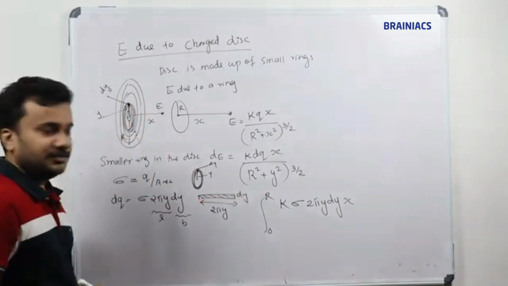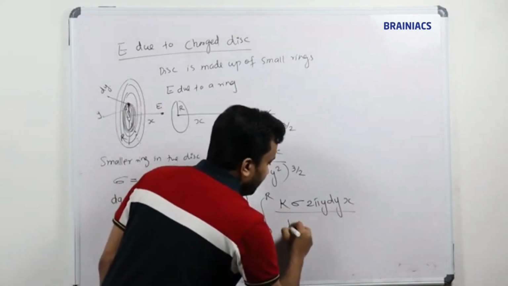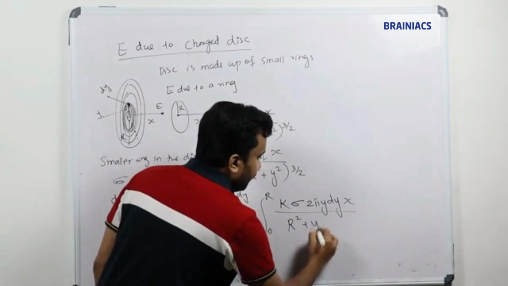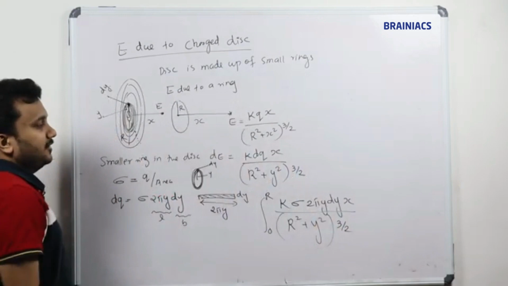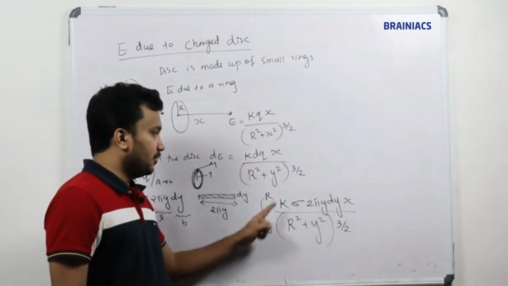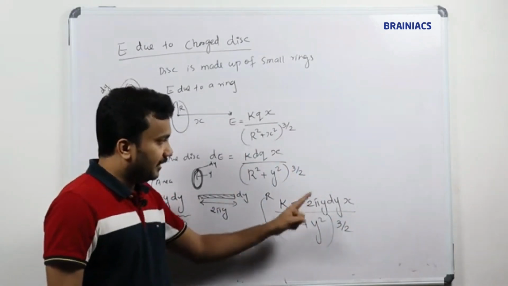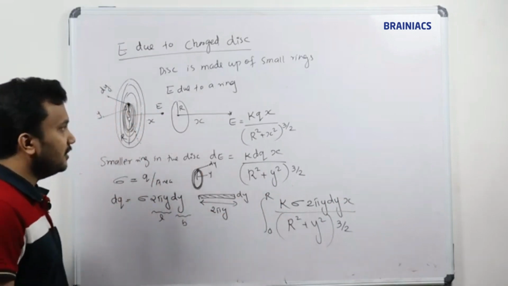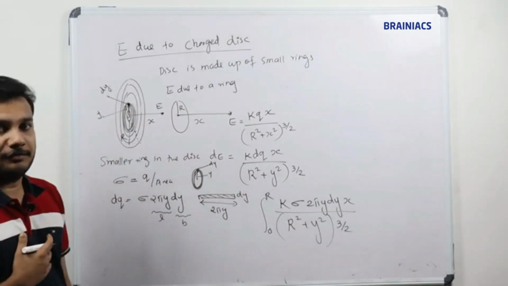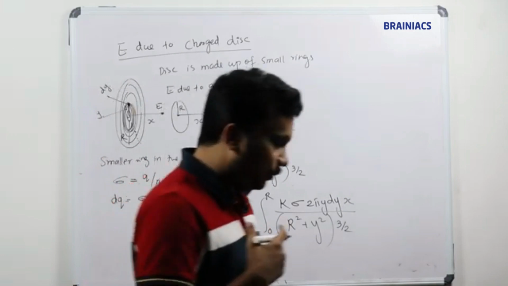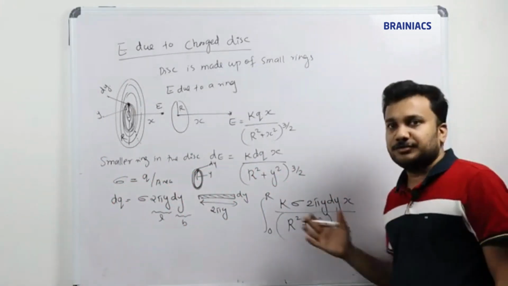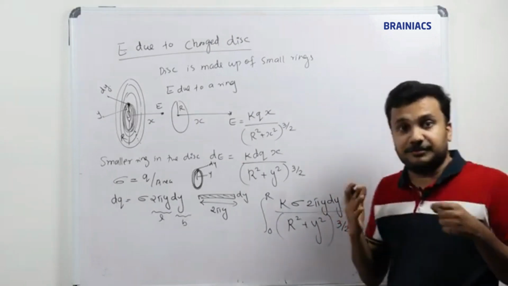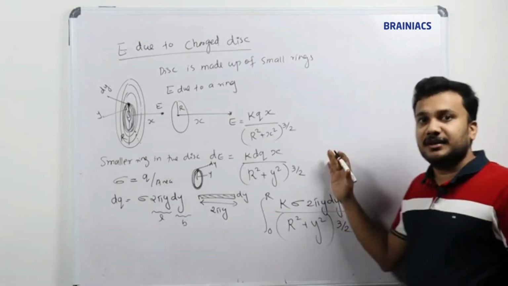This is divided by (r square plus y square) whole power 3 by 2. Here many terms are constant: k, sigma, 2 pi x. These we can take out of the integration, and the rest of the elements we can integrate.